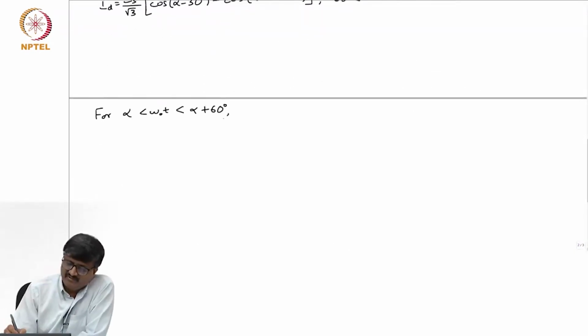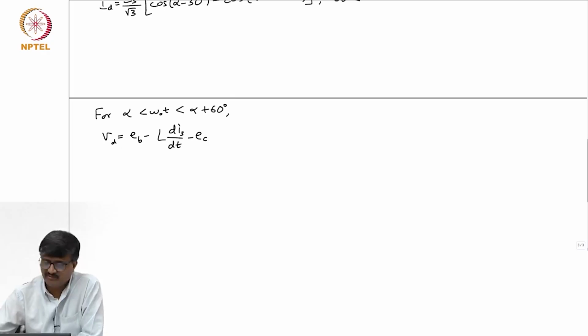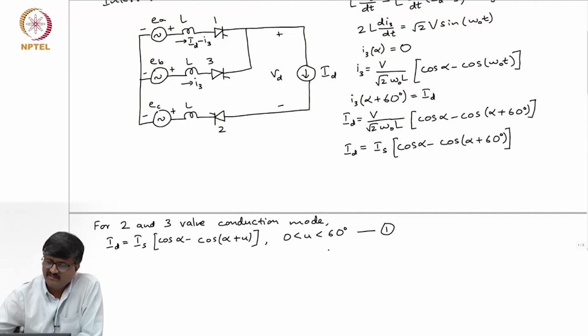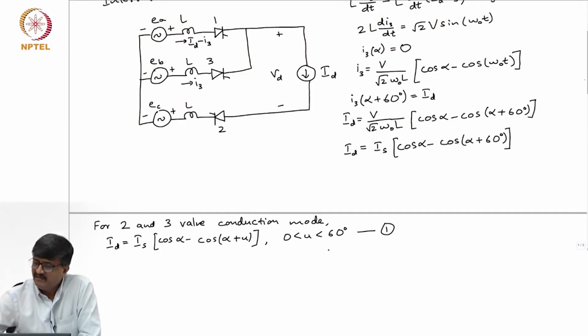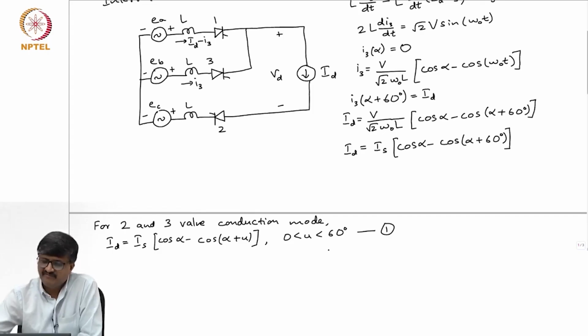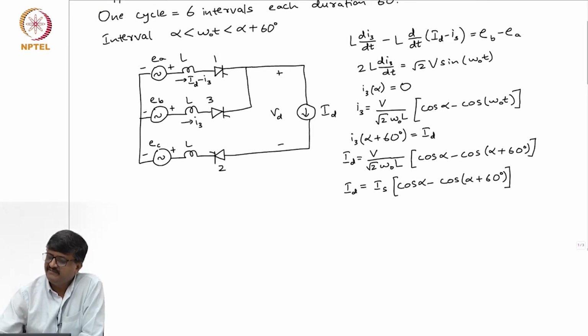So Vd can be written as Eb minus L di3 by dt minus Ec. That should be obvious from this circuit. So Vd is Eb minus L di3 by dt minus Ec. And we also got an expression for L di3 by dt.